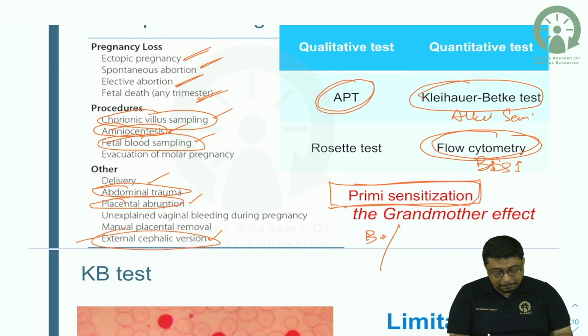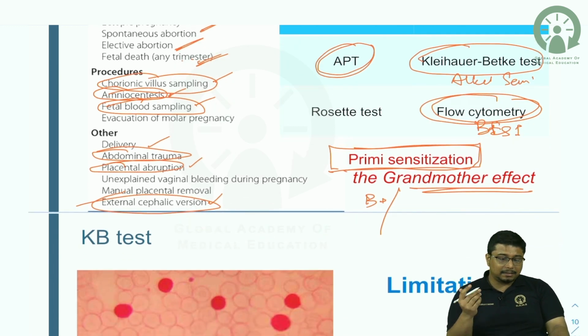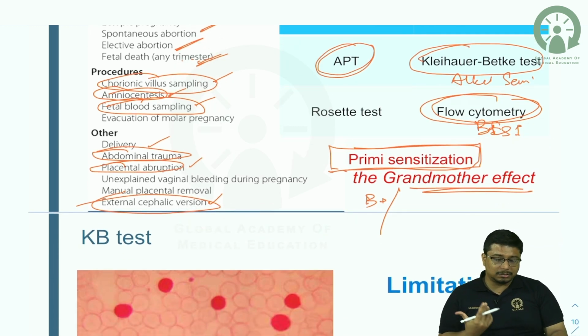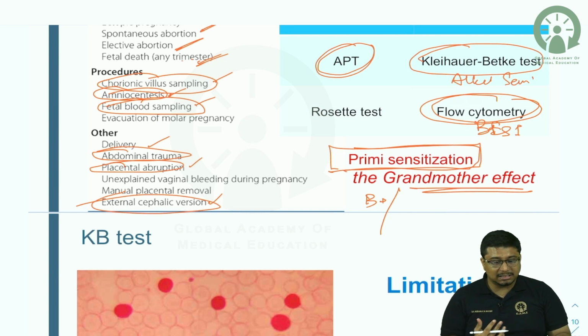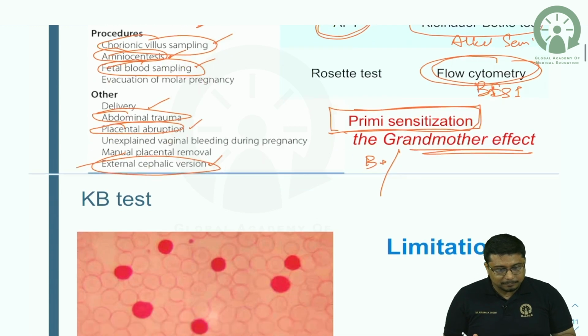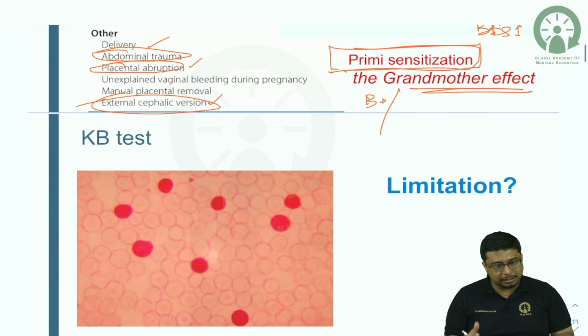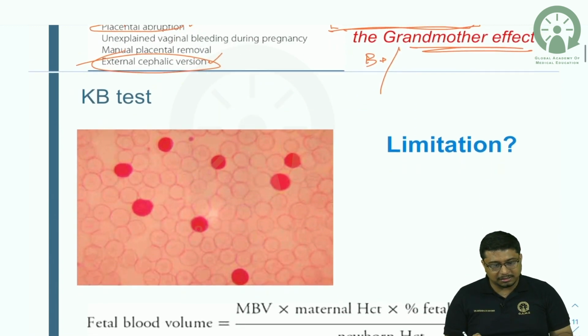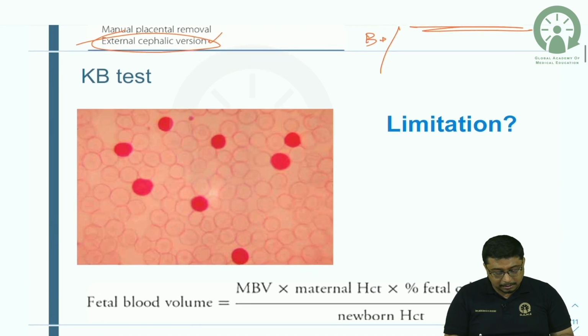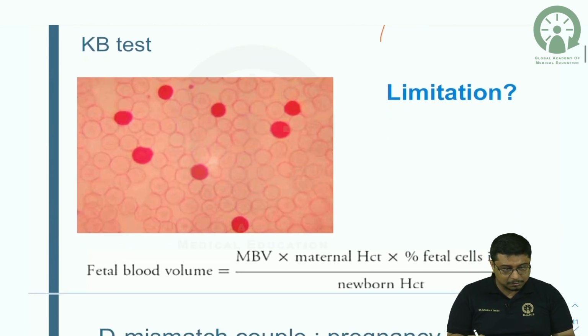All these things can happen, or there is something known as the grandmother effect, where basically the mother has anti-D antibodies inherited from her grandmother, right? She has not produced them, she inherited those antibodies. This is a complex phenomenon, and this is not the right place to describe it.